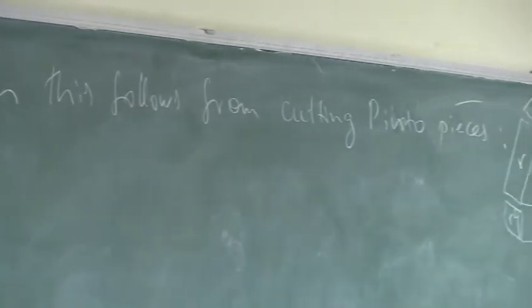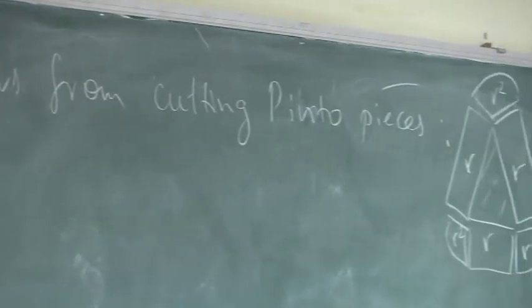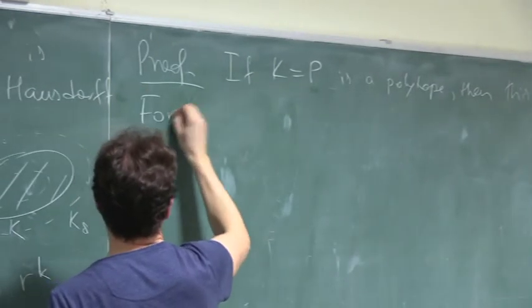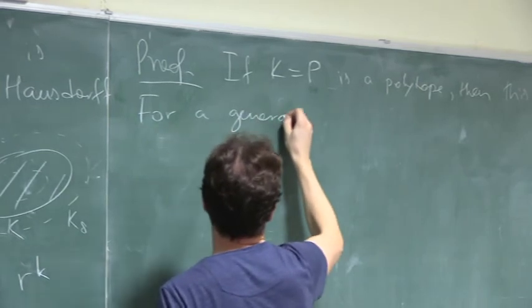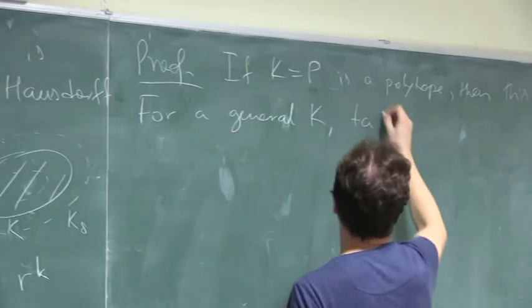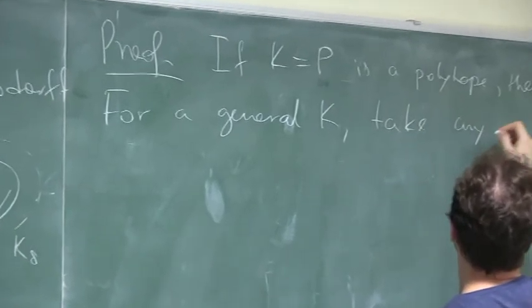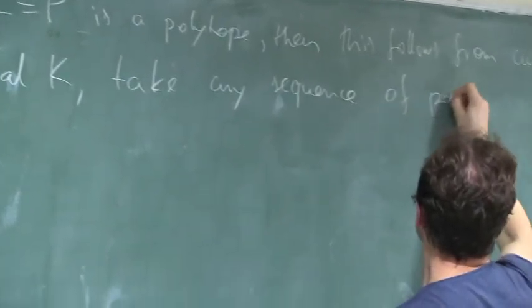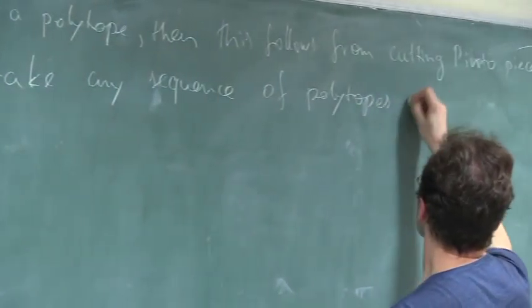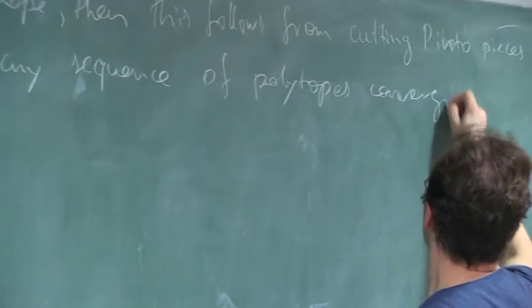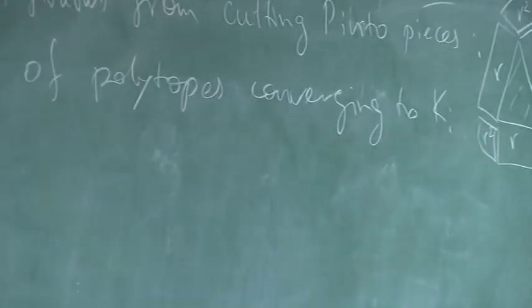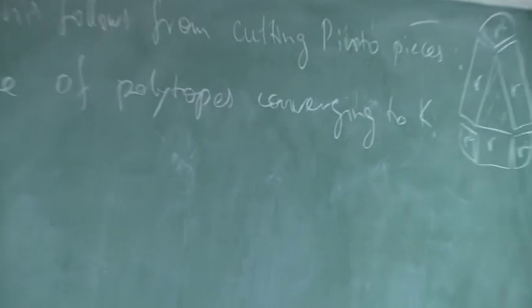Now, if K is an arbitrary convex body, then it can be approximated by a polytope. So there is a sequence of polytopes converging to K. So for a general K, take any sequence of polytopes converging to K, a sequence P^i.